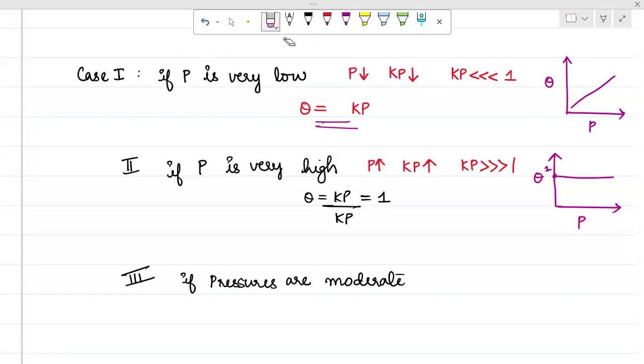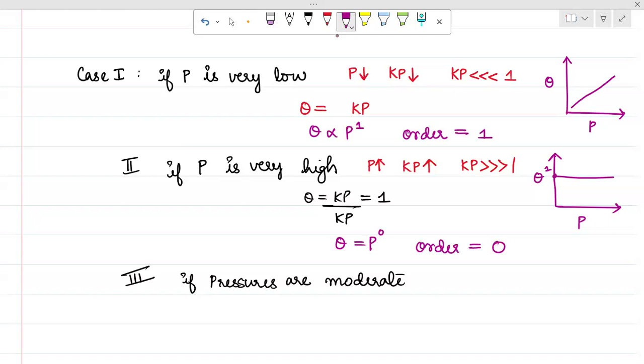So from this, if I have to write the order of the reaction, which depends on P, see here, theta is proportional to P to the power 1, and hence the order of the process at very low pressures is 1. Here, I'm getting 1, and 1 can be written as theta is equal to P to the power 0, correct? Any number raised to 0 is 1. So, order over here is 0.